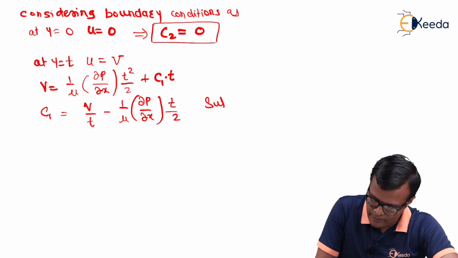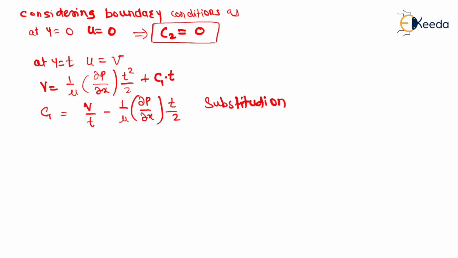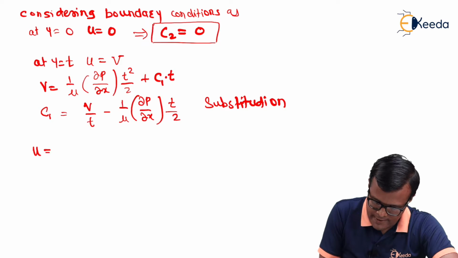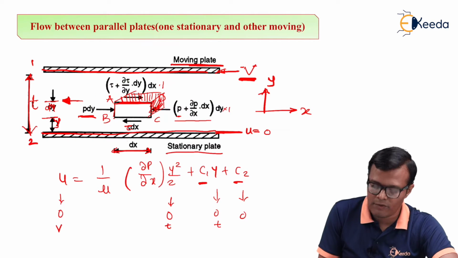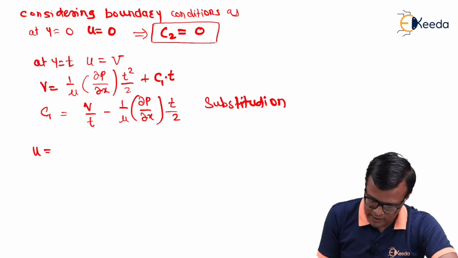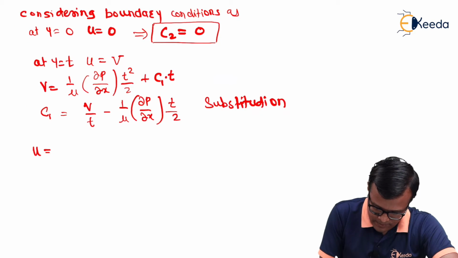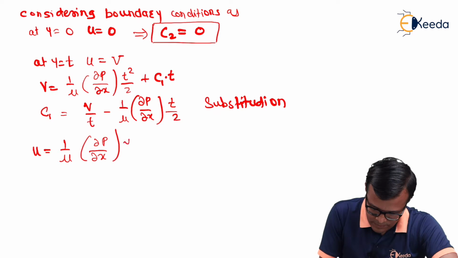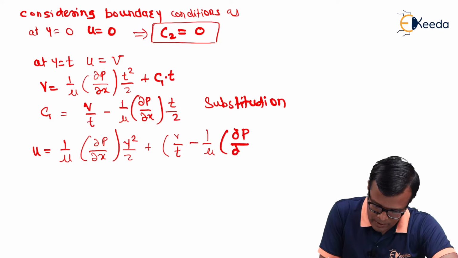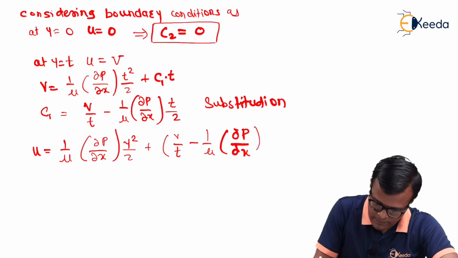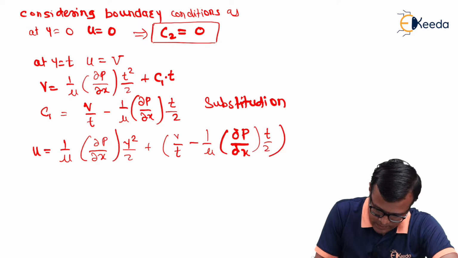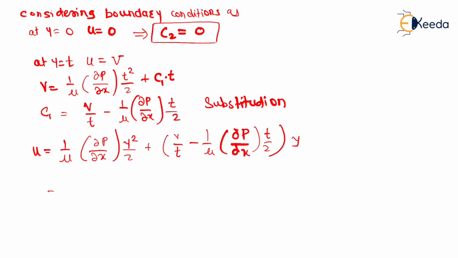So substituting, u can be calculated now that we have obtained the value of C1. So we can find the value of u as 1 upon mu ∂P/∂x y square upon 2 plus (V upon t minus 1 upon mu ∂P/∂x into t upon 2) times y.